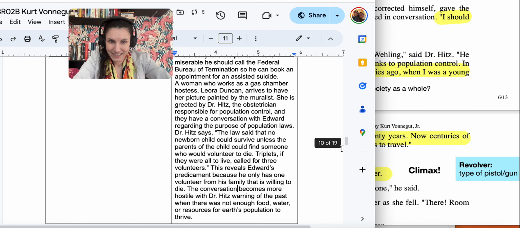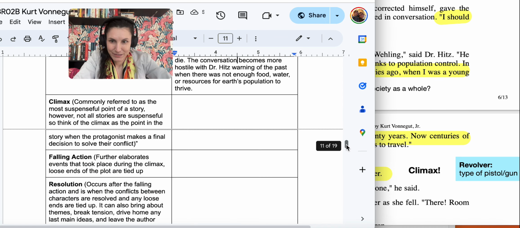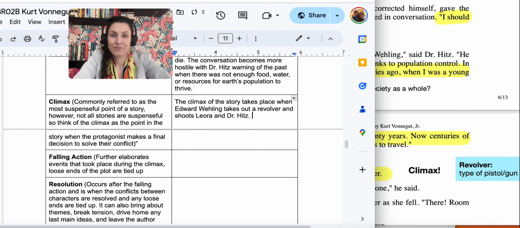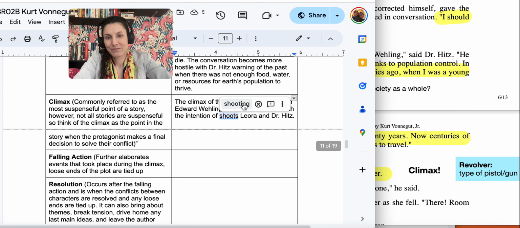And then, here we go. We're going to get to our final climax. We will say the climax of the story takes place when Edward Welling takes out a revolver with the intention of shooting Leora and Dr. Hitz.